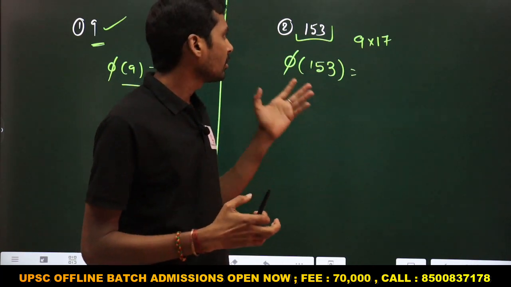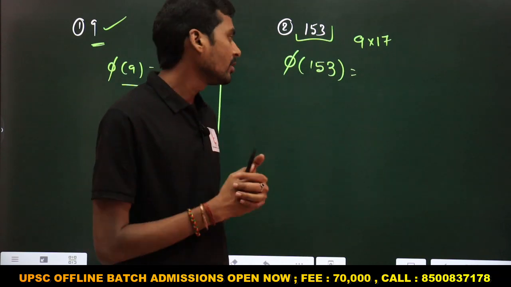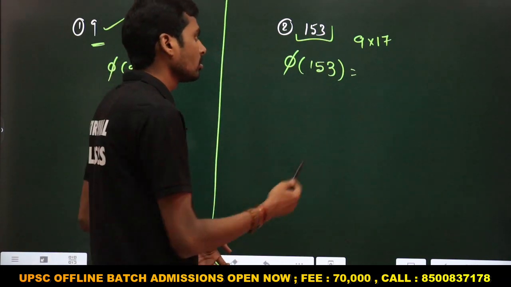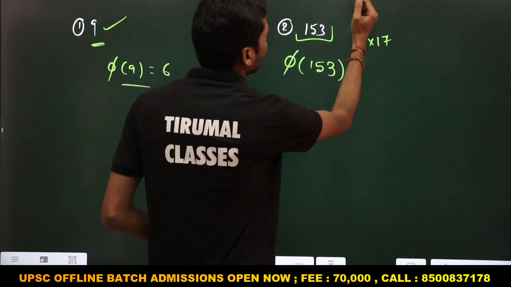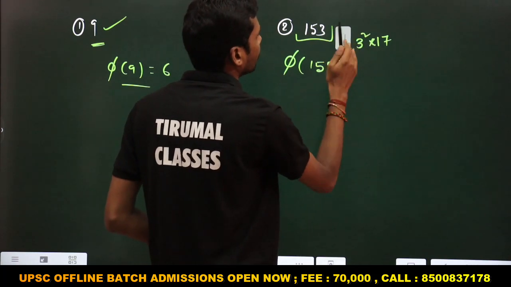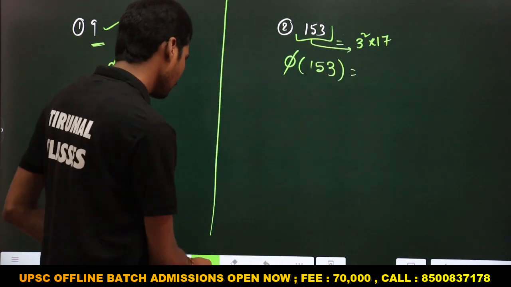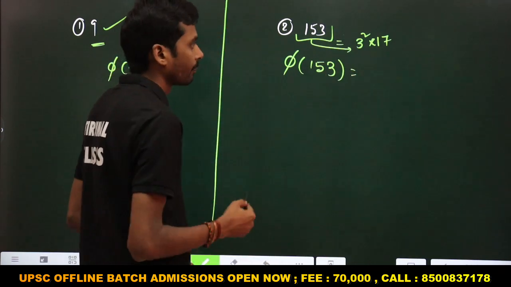If you are good at tables, you can immediately say that 17 9s are 153. 9 is not a prime number, so write it as 3 square. So 153 is 3 square into 17.